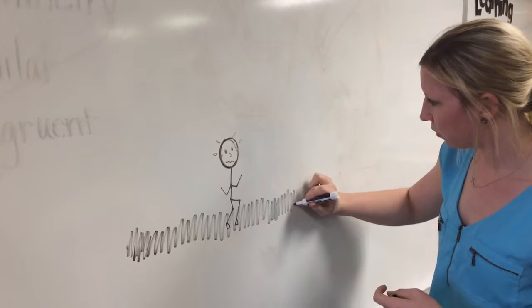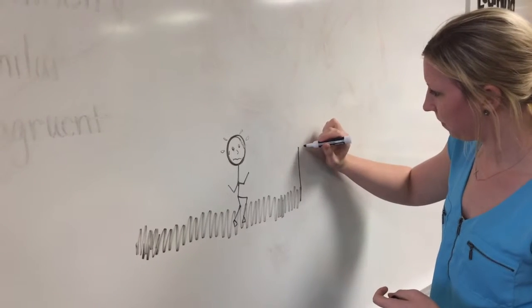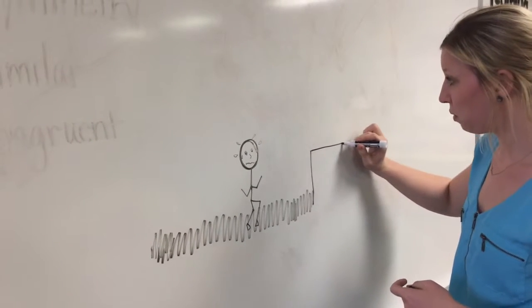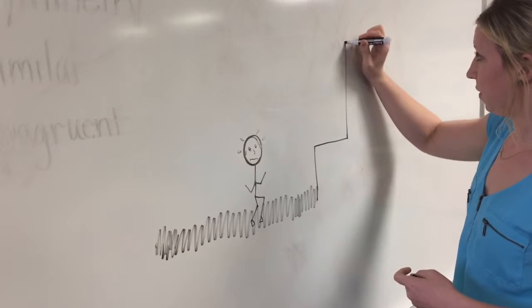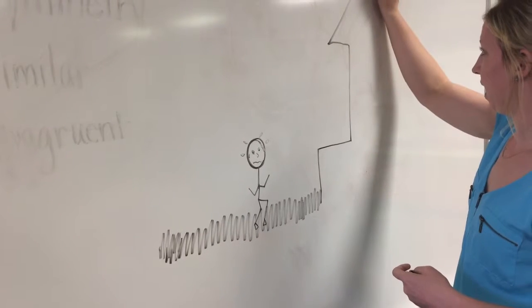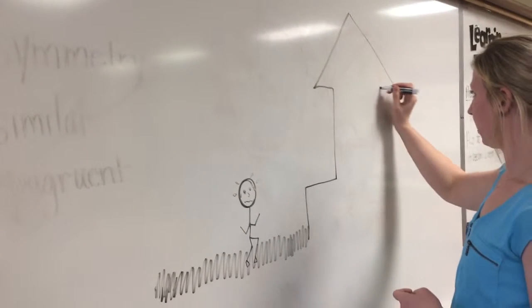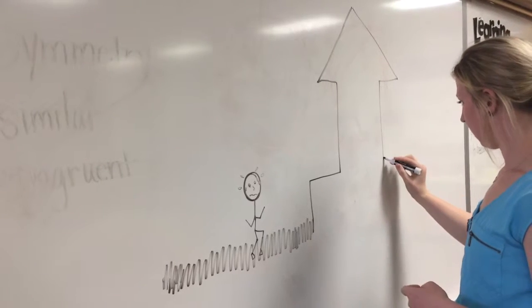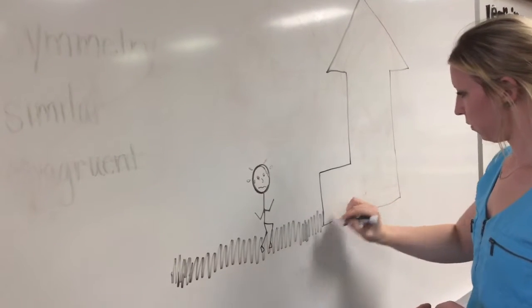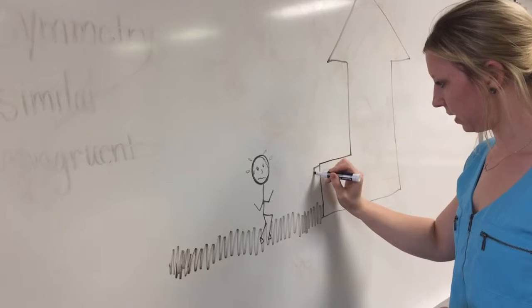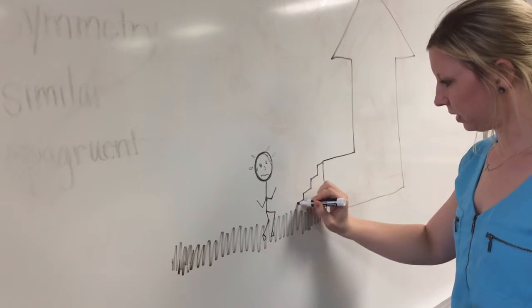And he's running towards his house, it said. And it said that there was a porch. So I'm going to draw his nice big house with a porch on it, and I bet that there's some steps to this porch.